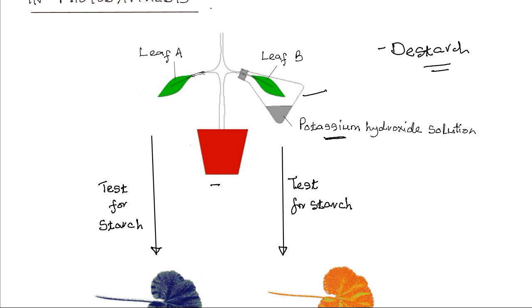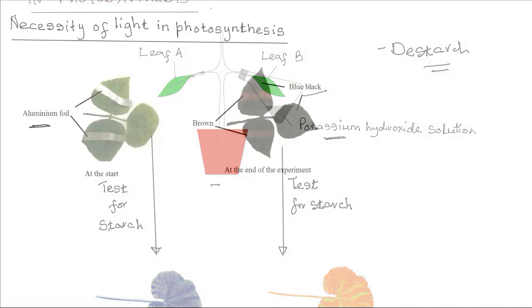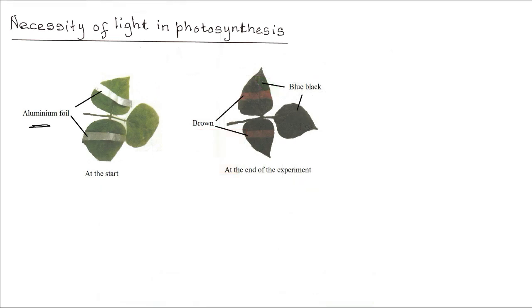The plant is then transferred to an area where it will be exposed to light for about 3 hours. After 3 hours in sunlight, the leaves are detached and uncovered and then immediately tested for the presence of starch.